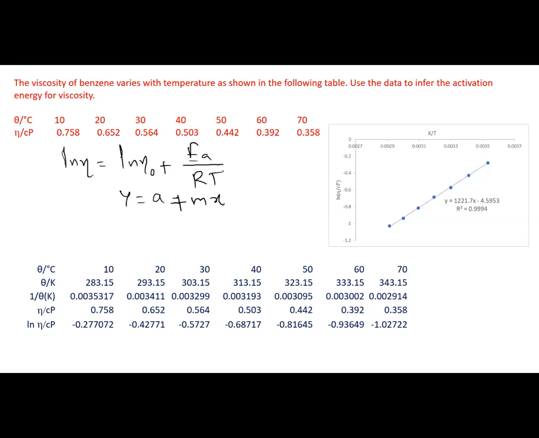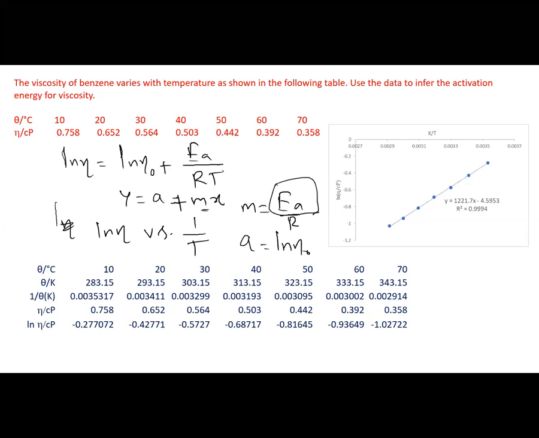So if we can plot ln eta versus 1 over T, then the slope is going to be Ea over R, where slope is equal to m is equal to Ea over R. The intercept A is equal to ln eta naught. But what we need to find is just the activation energy Ea.